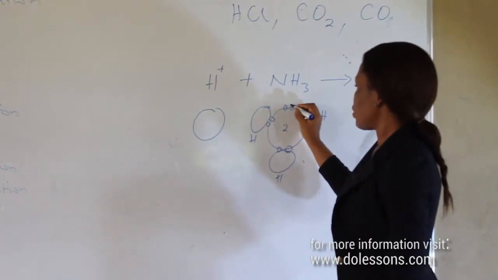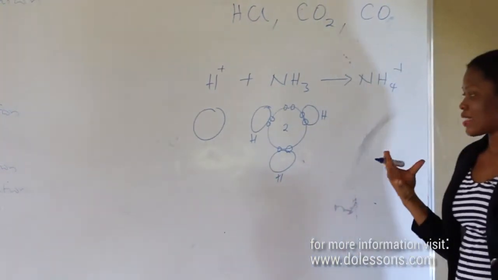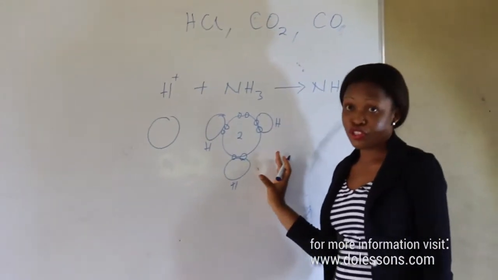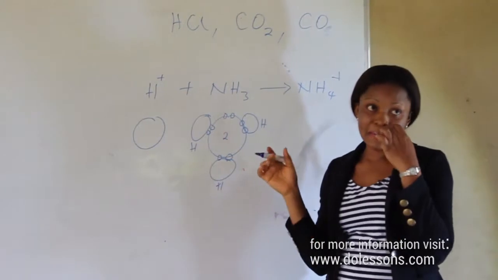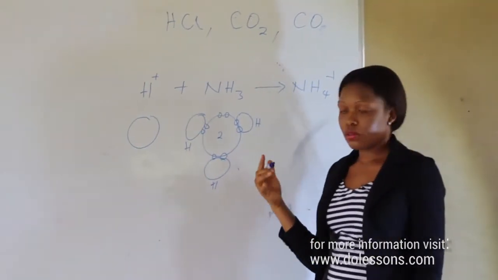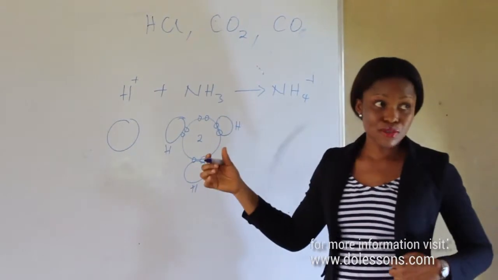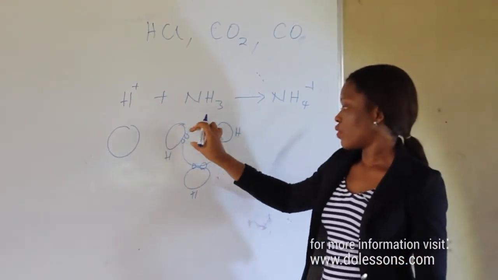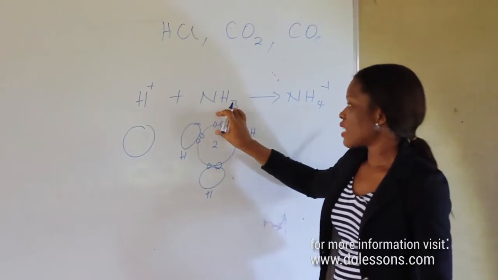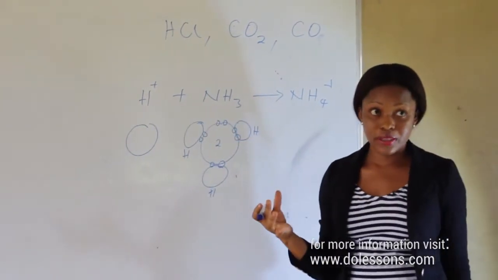Now, nitrogen originally has 5 electrons in the outermost shell. It needs 3 more electrons to have an octet structure. So it has to share 3 of the 5 electrons to form 3 covalent bonds. The 2 remaining electrons is what we call the lone pair.